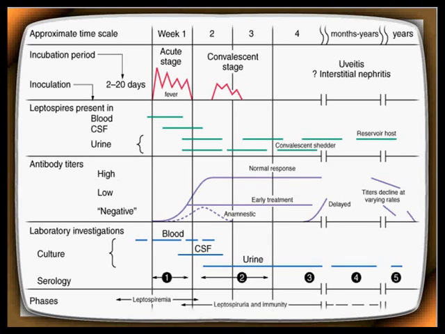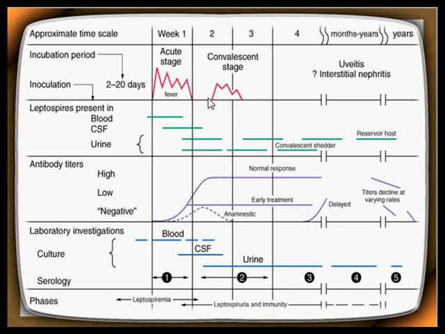This is a nice comprehensive chart to understand the various aspects of the disease. The approximate time scale: 1 week, 2 weeks, 3 weeks, 4 weeks, months to years, and many years. The incubation period is 2 to 20 days. Inoculation of the leptospirae occurs, and in the first week you have an acute stage with fever, which is due to the leptospiremia or septicemia.